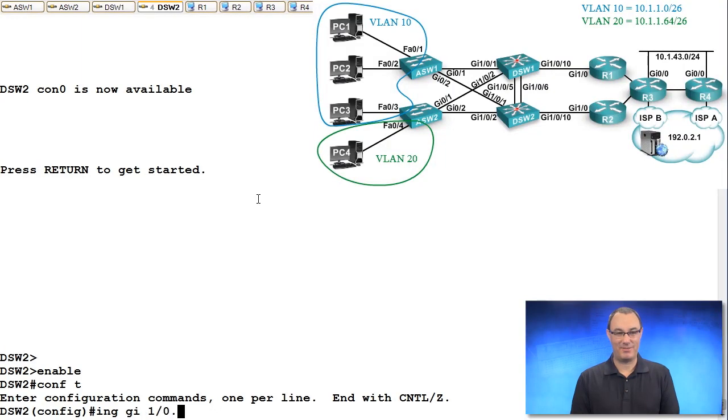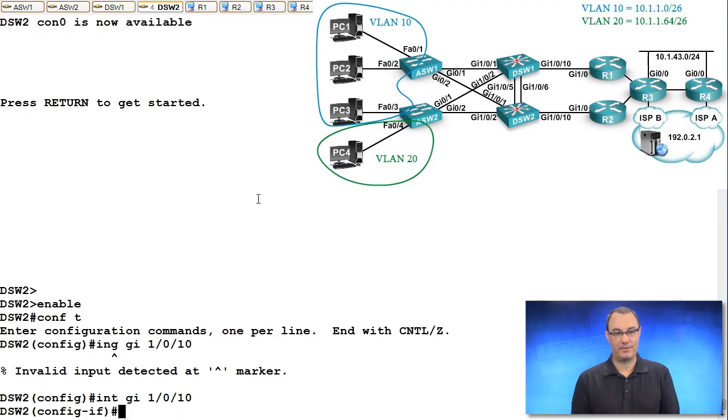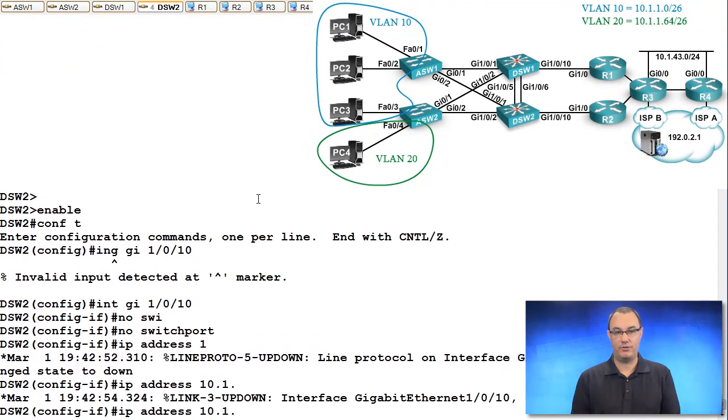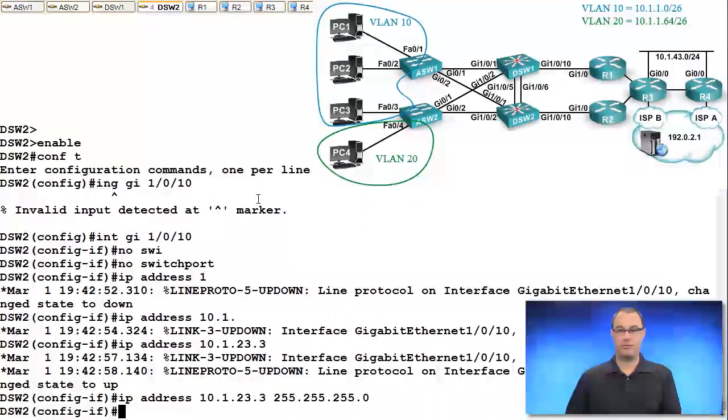So I'm going to do the same thing, and this is what it would take to configure this topology. No switchport, IP address. I do know the subnet here is going to be 10.1.23.